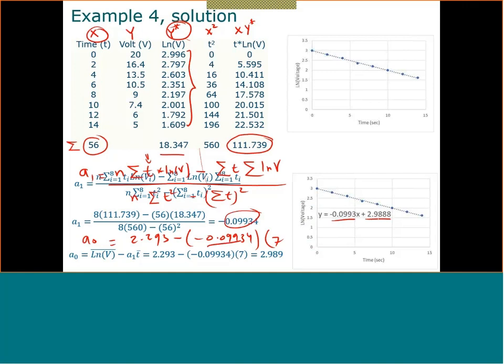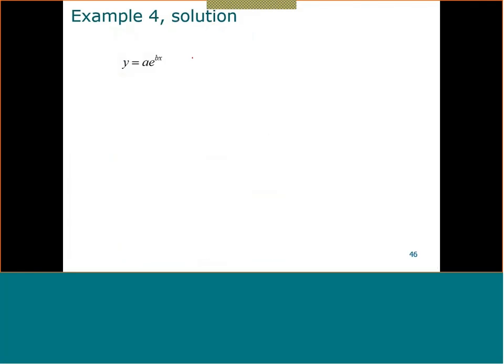Okay. So now this is my model, y equal to a e to the power of b x. We know that b is nothing but A1, which is equal to minus 0.09934. And a is equal to e to the power of A0, which is e to the power of 2.989, which is equal to 19.86. So this is your a, this is your b.